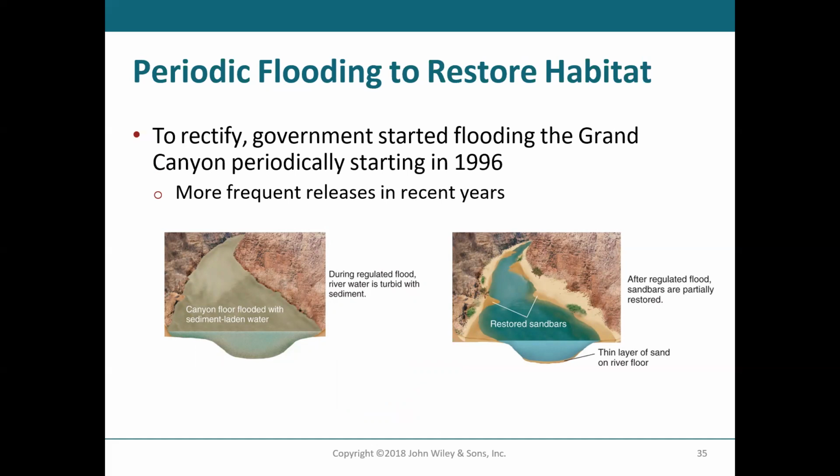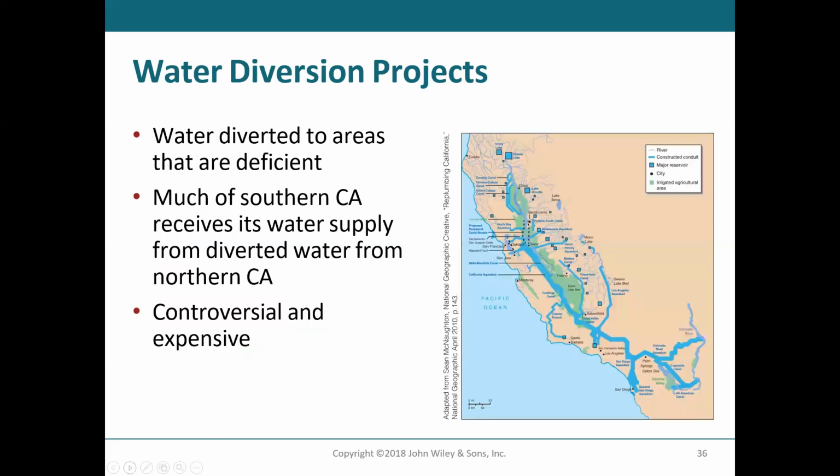And they do more frequent pulses or releases of waters to allow the sediment to create these restored sandbars. But what you see during those releases is that the water is very turbid and it looks dirty because of course it has a bunch of sediment, and then after it settles, it becomes those restored sandbars.